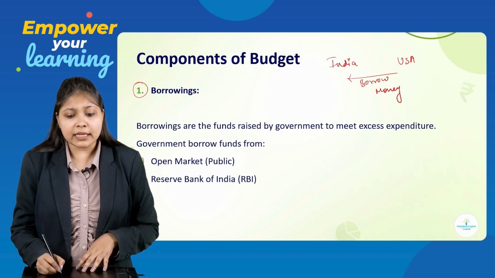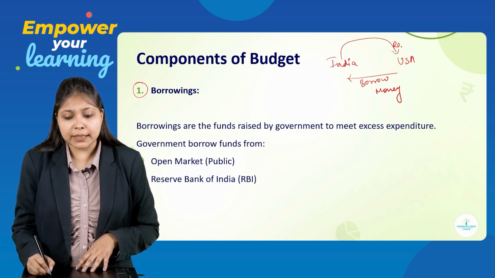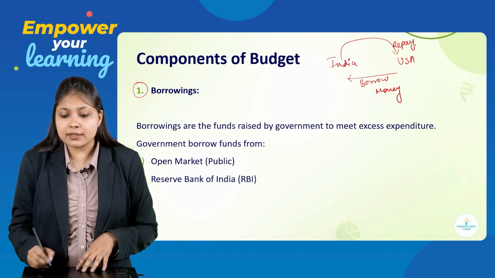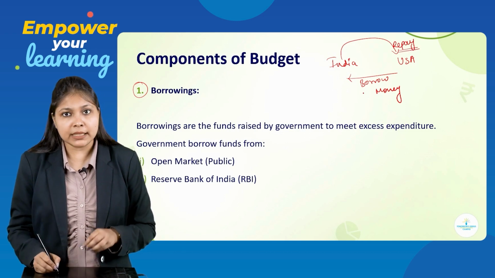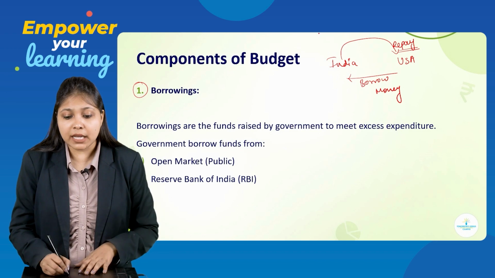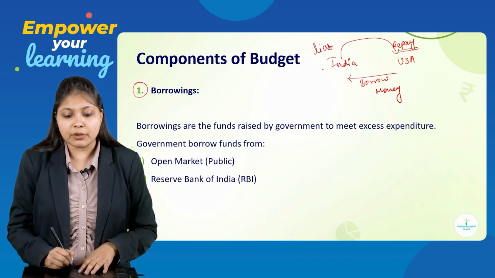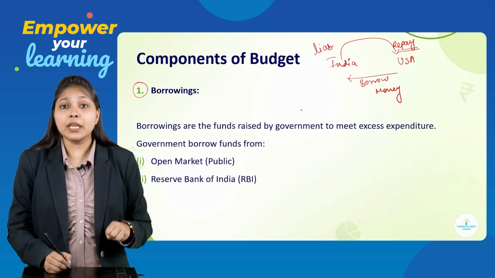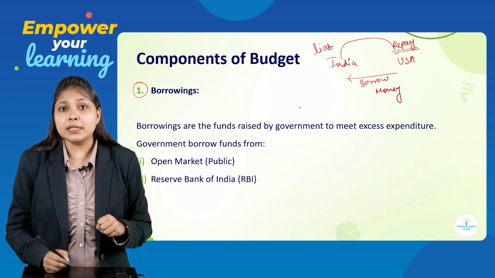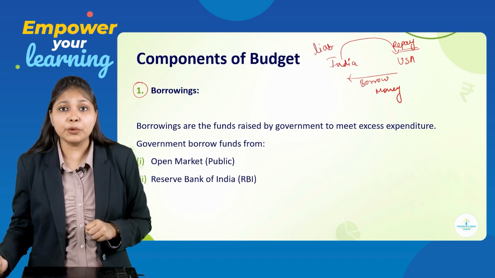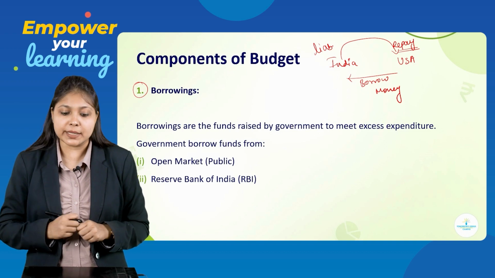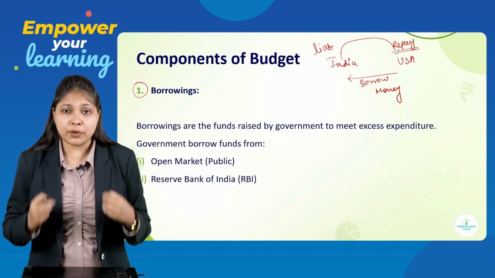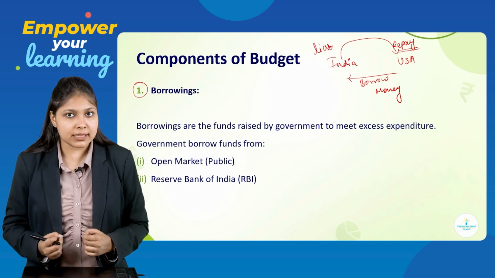Now India will have to repay it. Since we are going to repay it, it becomes a liability on the government. The Indian government is liable to repay the money which they have borrowed from the foreign country, that is USA. So borrowing is one of the major sources of capital receipt.